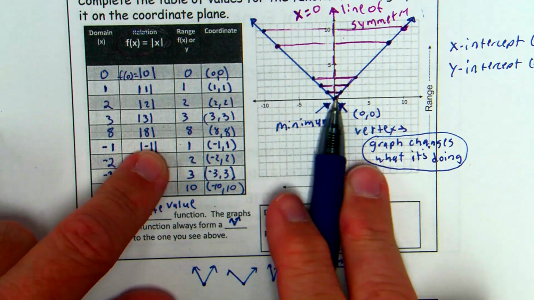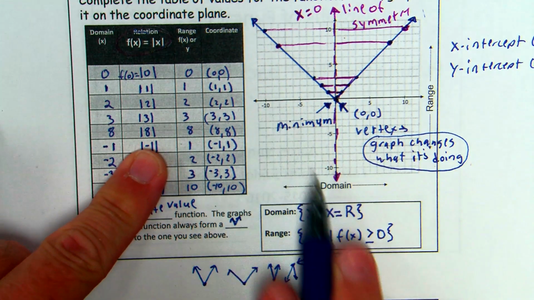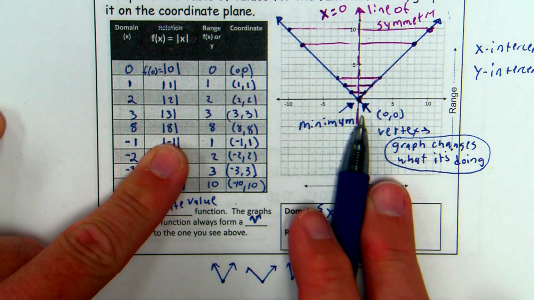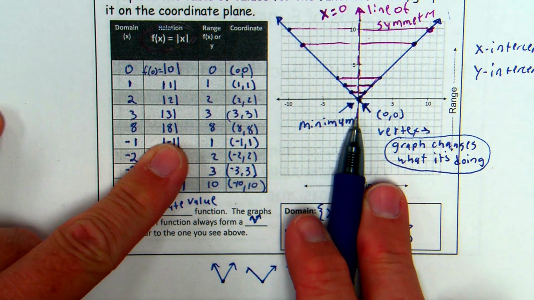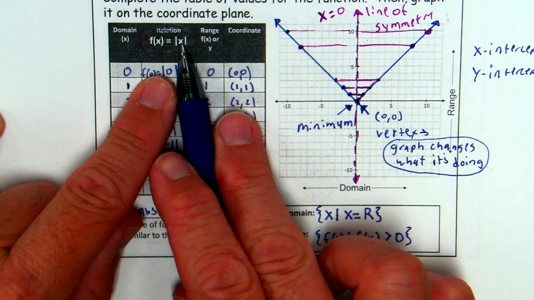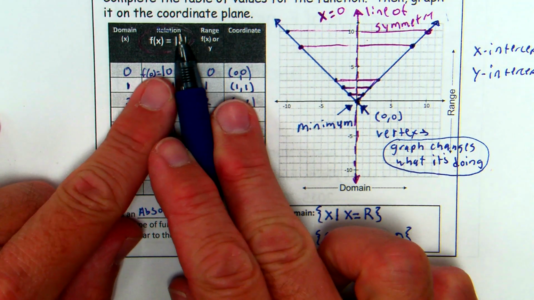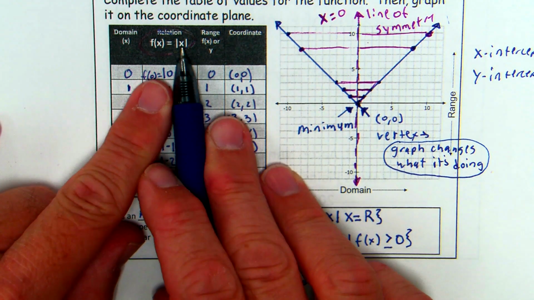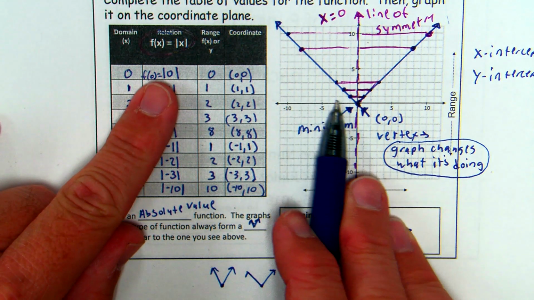I can stick in any value I want. That's what the domain says. But no matter what I stick in, it is impossible for me to get a value smaller than 0. That's because if I put a negative number in here, the absolute value makes it come out as a positive. If I stick a 0 in here, the absolute value comes out as a 0.